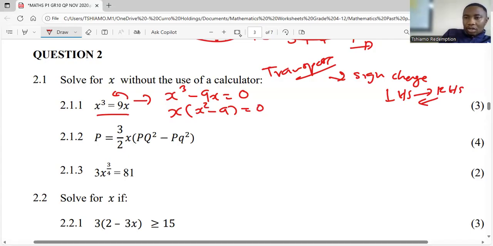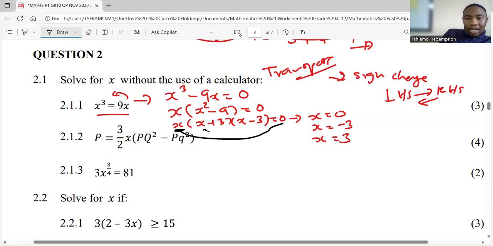And then I'm going to do a difference of two squares there. x plus 3, x minus 3 equals 0. Then my solutions will be x equals 0, x equals minus 3, x equals 3. I equate everything here to 0, the zero factor law. So x equals 0, x plus 3 equals 0.